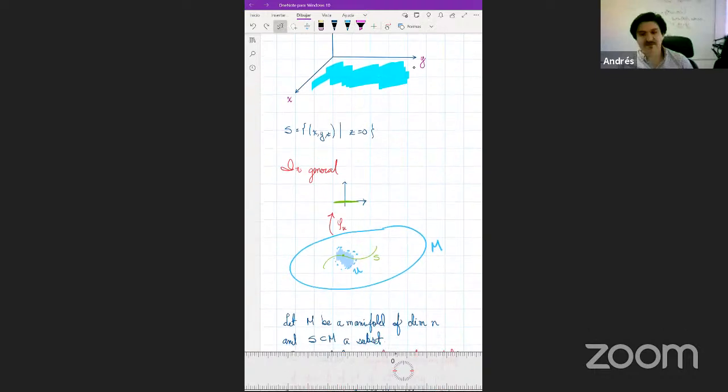Okay, so I consider a manifold of dimension n, and I take any subset S, and the whole idea is to make S into a manifold, so to speak, but in this case, a submanifold.